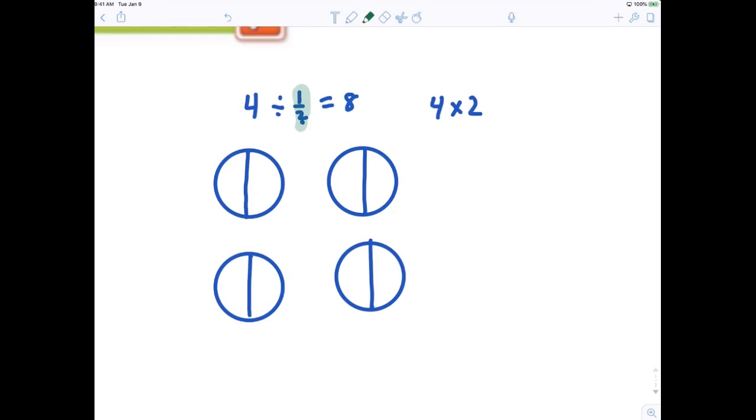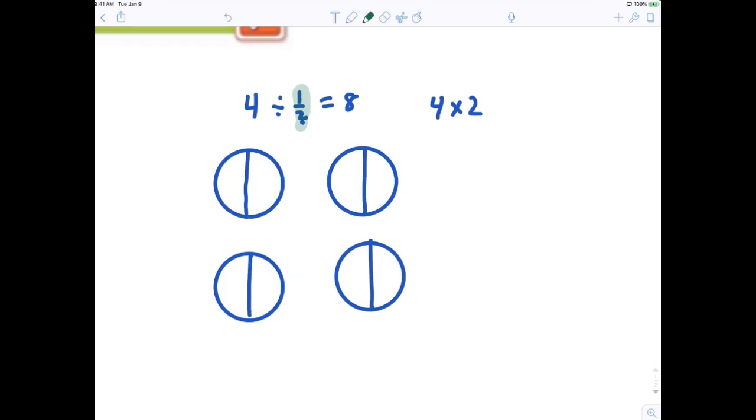So again, they said, wow, that's pretty cool. We'll just give this a word. Instead of saying flip or change, they said we're going to take the reciprocal. So now you understand why you multiply by the reciprocal: you wanted to understand the numbers better.